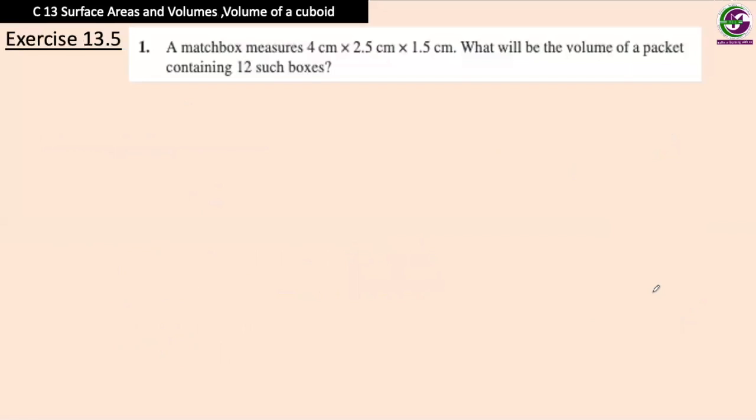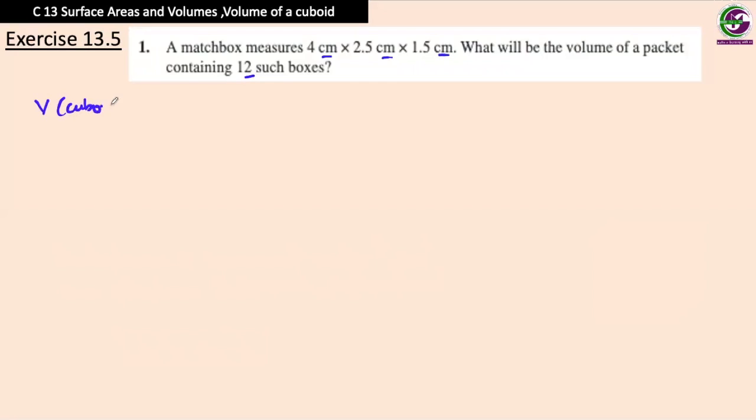Let's see the question. A matchbox measures 4 times 2.5 times 1.5 centimeter. What will be the volume of the packet of 12 such boxes? So first we will see what is the volume of one box, which is the shape of a cuboid.